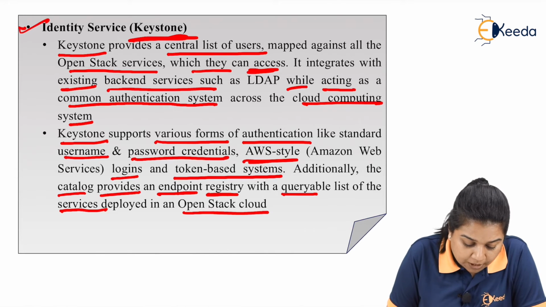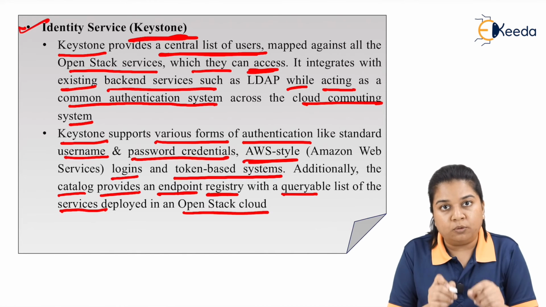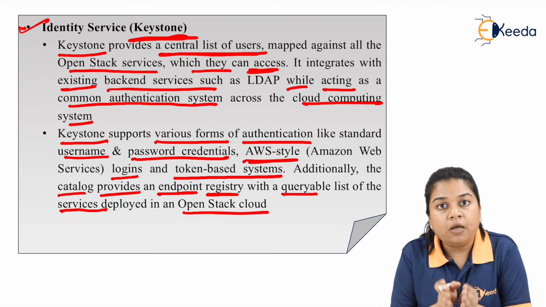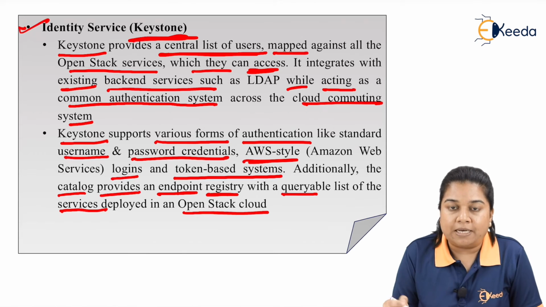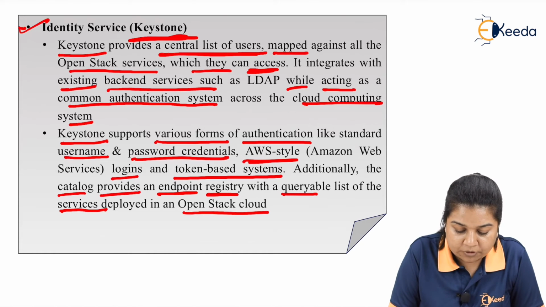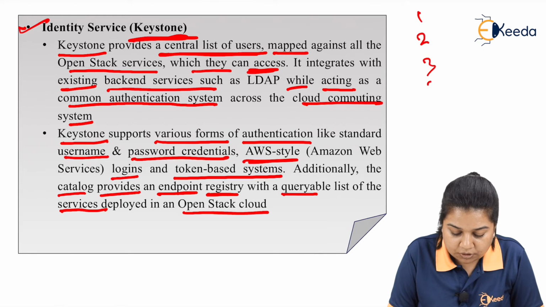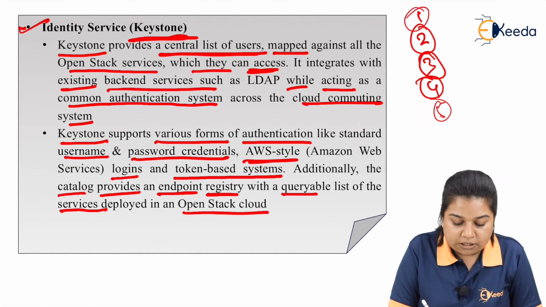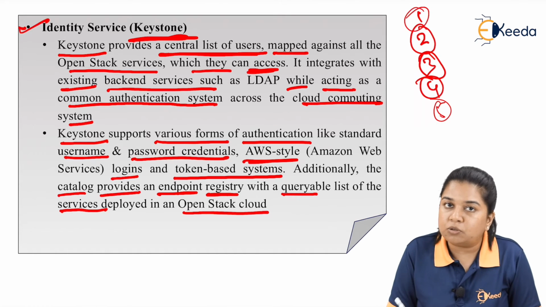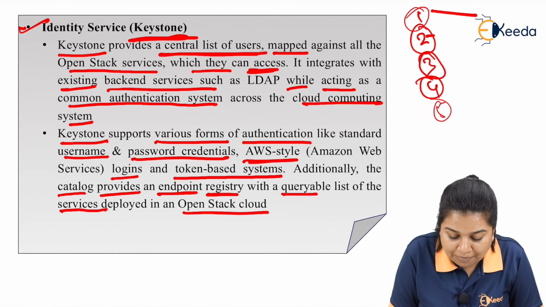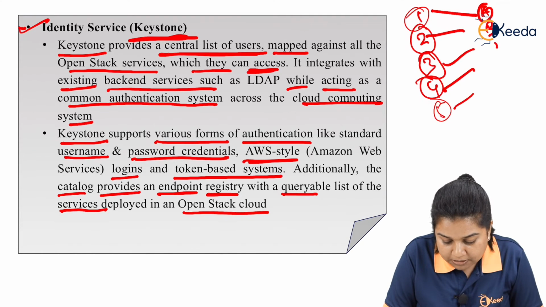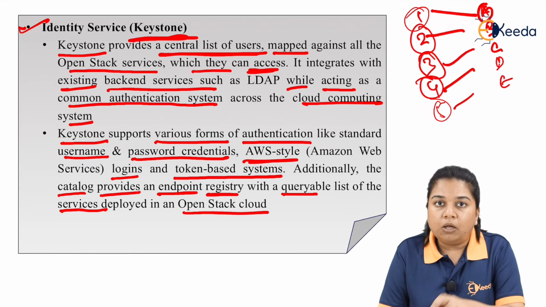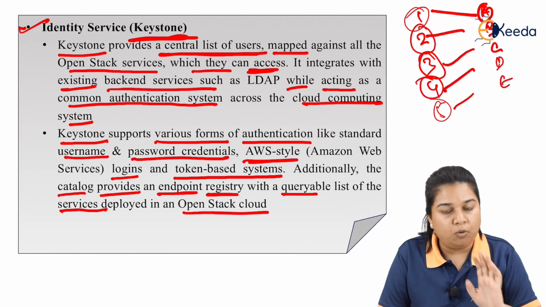How does it do that? It provides the central list of users who are using a particular resource or service, mapped against all the OpenStack services. For example, say there are five users, and Keystone provides the list of the users. Now they are mapped with the services, say A, B, C, D and E, all provided by OpenStack.